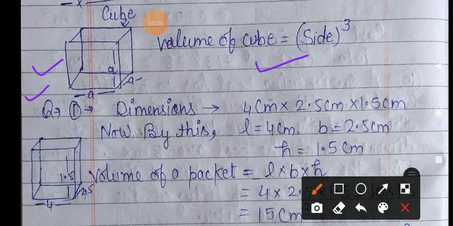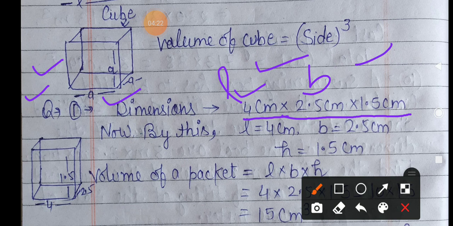In the question you have the dimensions of a cuboid: 4 centimeter into 2.5 centimeter into 1.5 centimeter. That means the first is your L, the second is your breadth, and the third is your height. Then you have to find the volume of one packet, and here there are 12 packets, so you have to find the total volume of 12 packets.